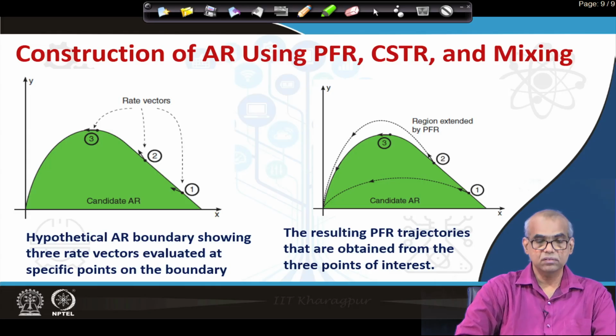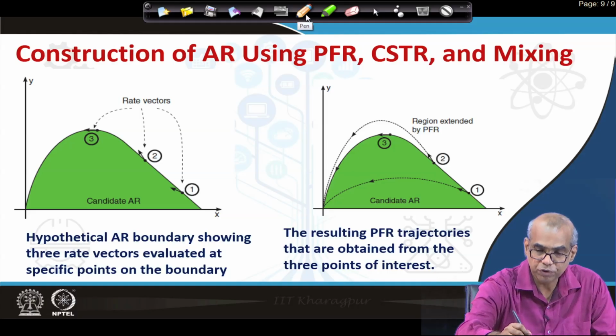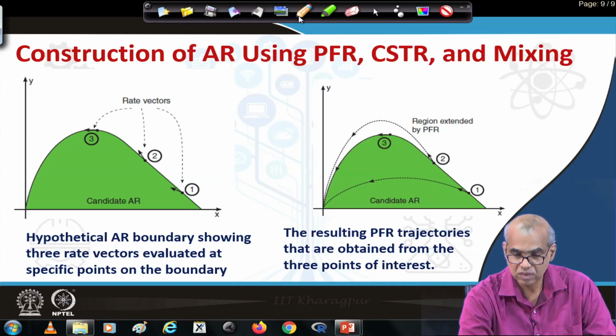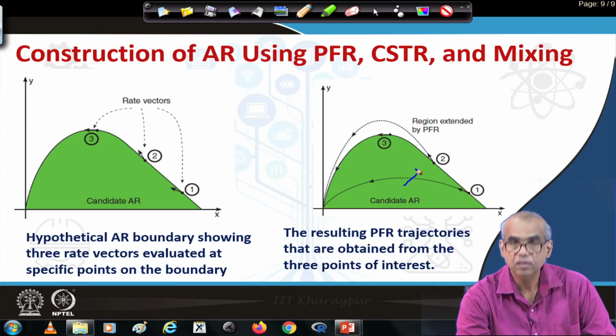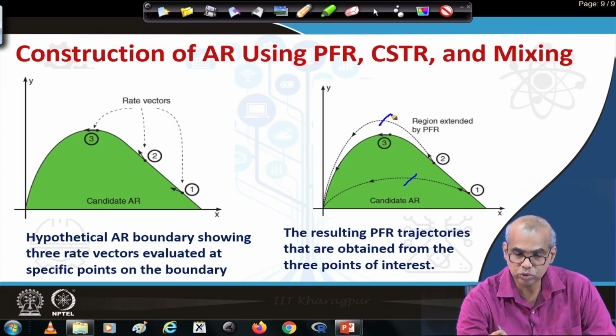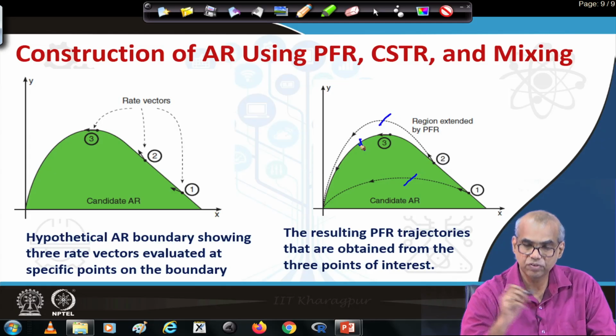So, concentrate on the 3 red vectors indicated by 1, 2 and 3. Now, if we draw the PFR trajectories, we get the trajectories as this from 1, this from 2 and this one from 3.